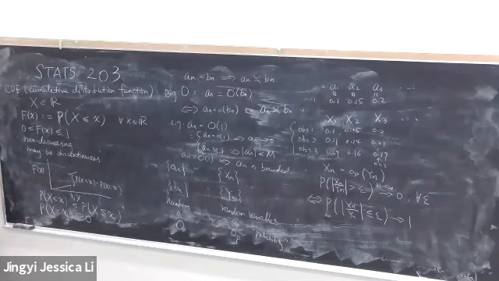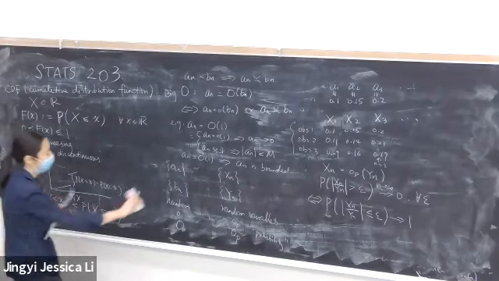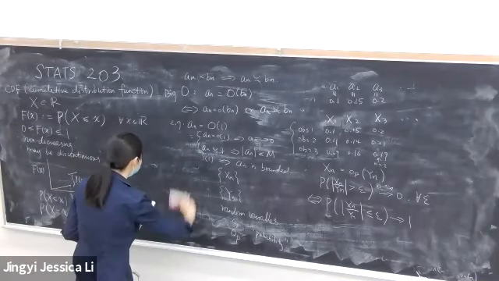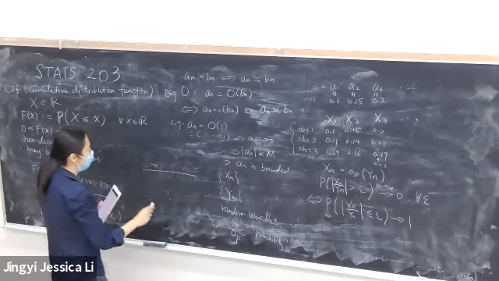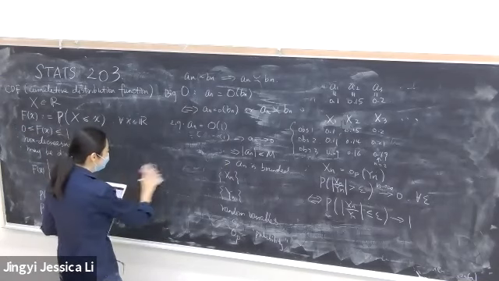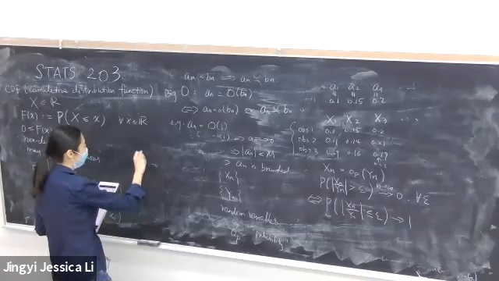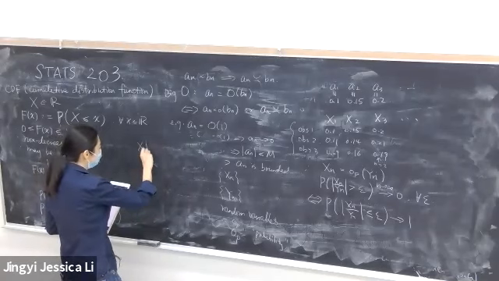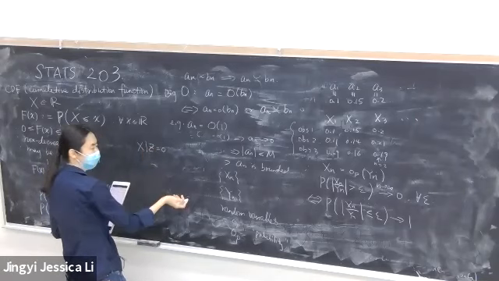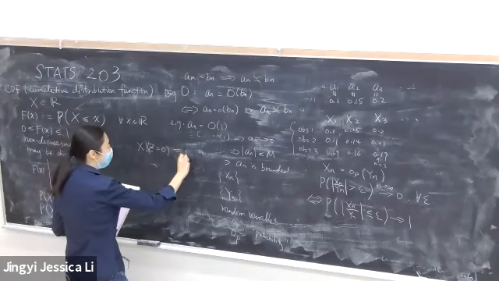So for example, not in this class, but in my other class, we talk about zero-inflated distributions, like a zero-inflated normal distribution. So in that case, let's say we have an indicator variable z. When z equals 0, X given z is 0.